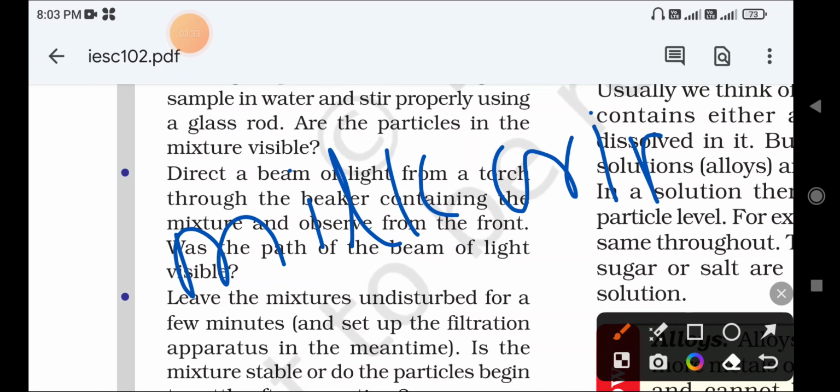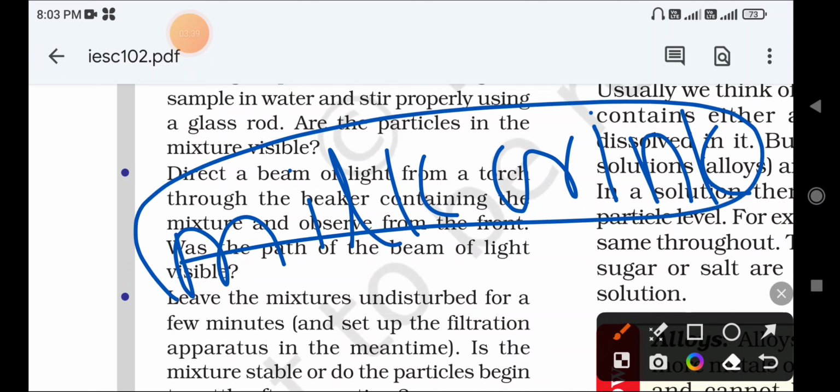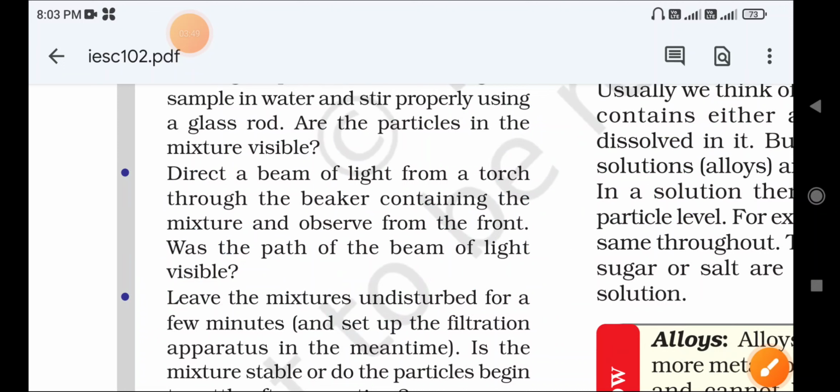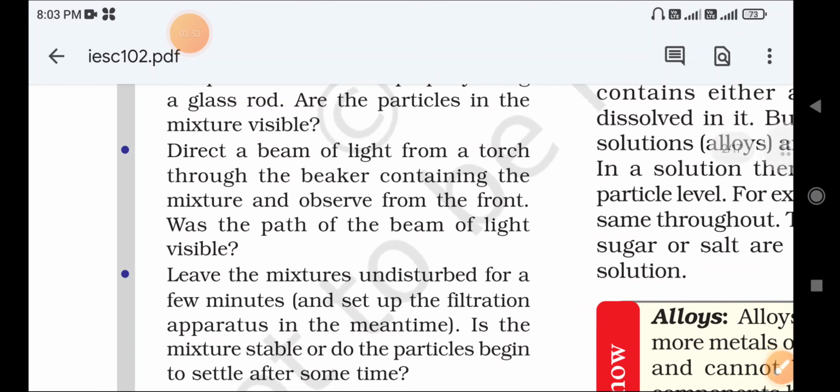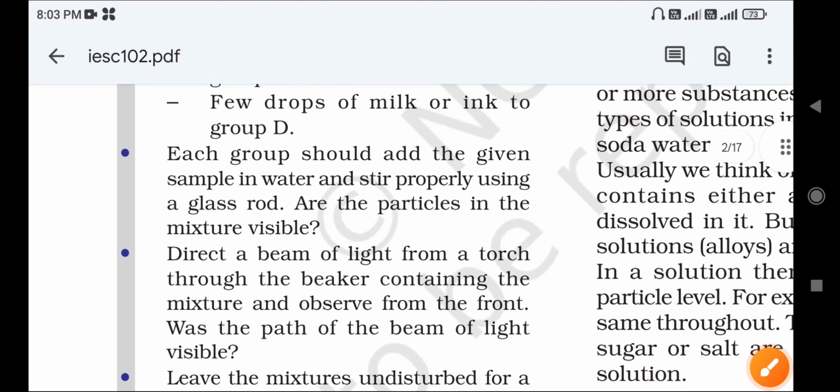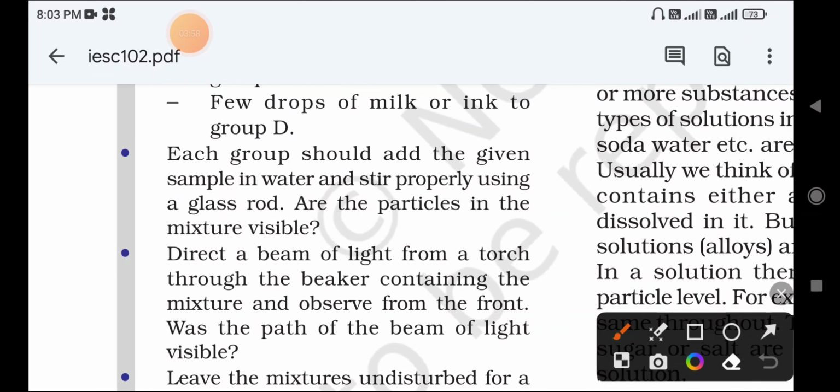All four groups should add the given substance into water and stir, which means rotating the glass rod in the solution while adding.